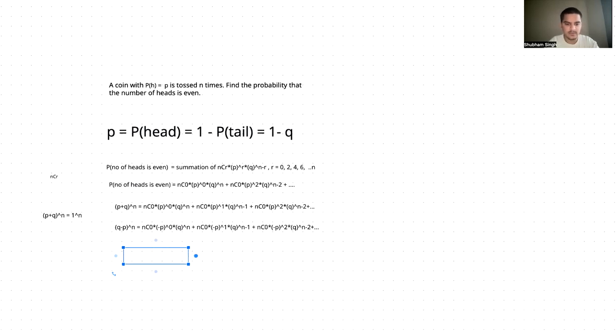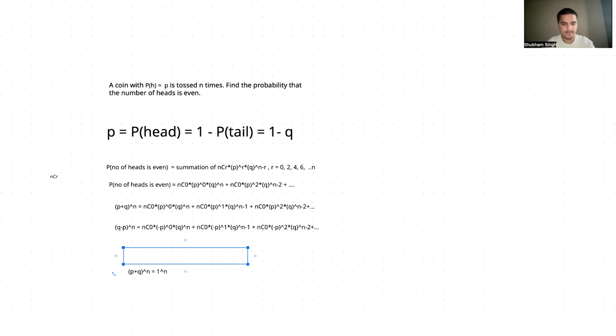So P of even, right? You can see that if you add these two, the odd terms will get cancelled. Actually, we'll get 2 times the probability of even values, the number of heads being even. And we know from here that this is equal to this.